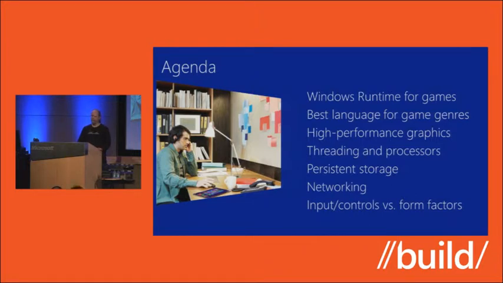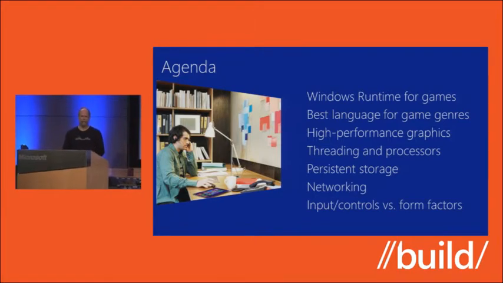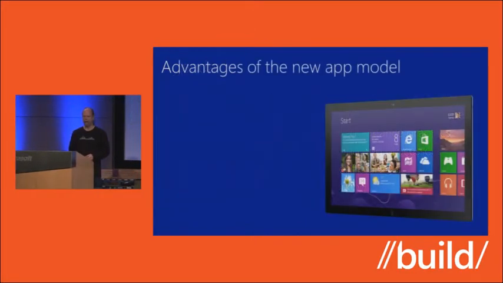A couple hints on how to do persistent storage, which is a little bit different in the new environment than it was before. Networking is pretty similar. And then a fair amount on input controls and the different form factors that are out there, and how I create the best experience on the broadest range of hardware.